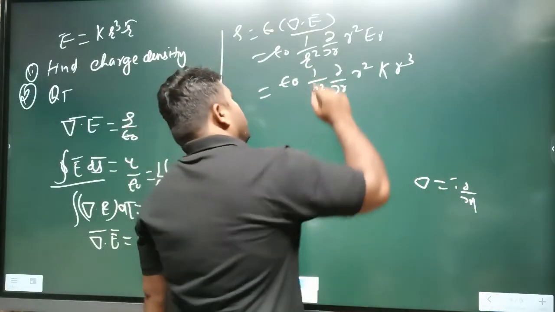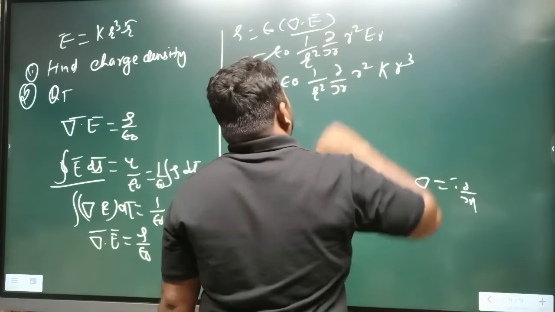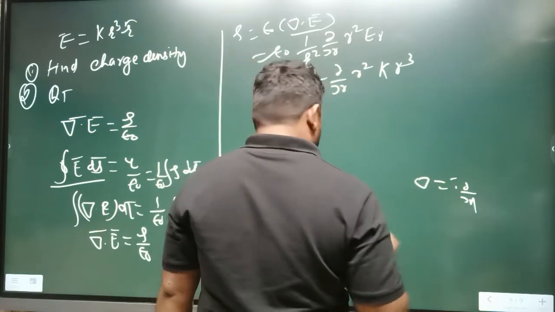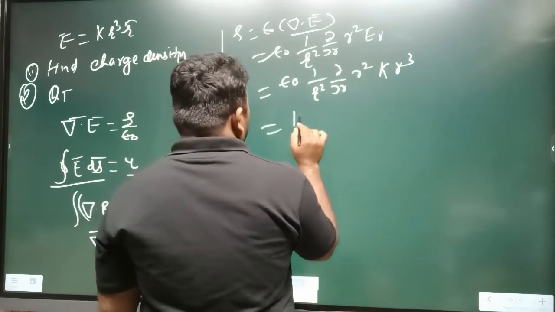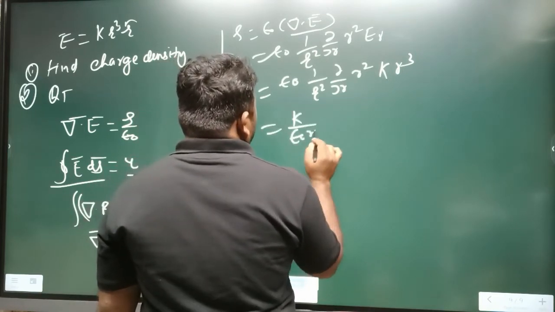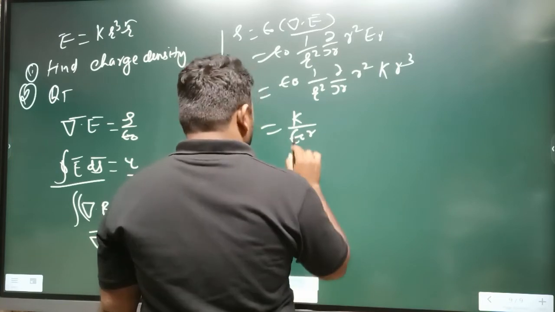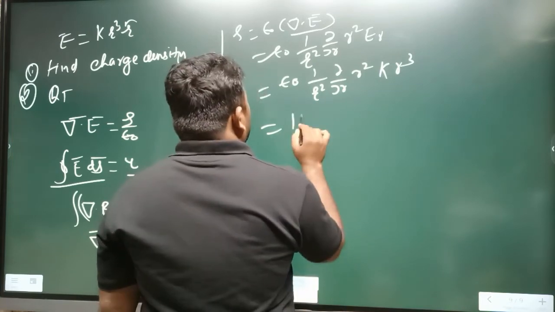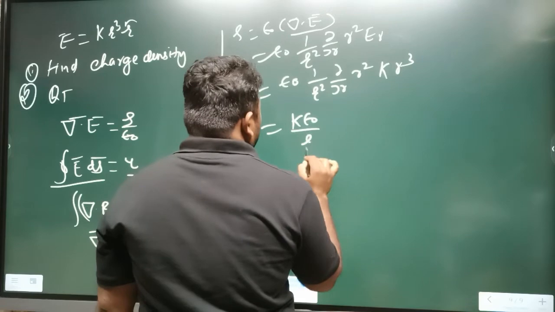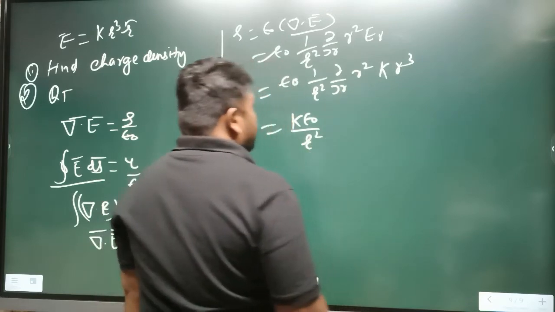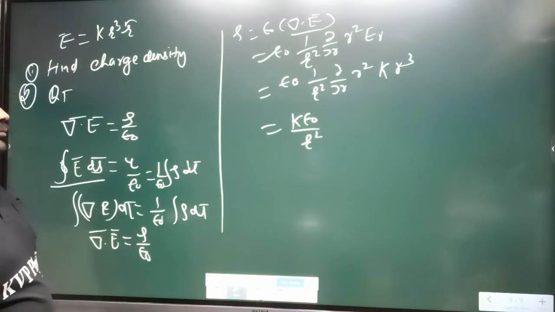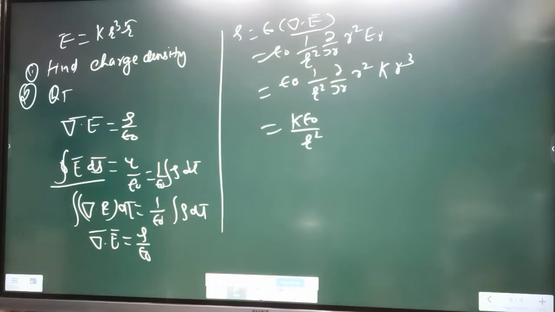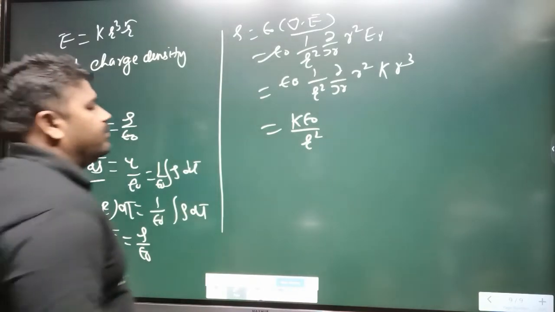What is the divergence formula? 1 upon r square dab upon dab r of r square Er. What is the Er value? Er is equal to k r cube. Taking k epsilon naught common, 1 upon r square, r to the power 2 times r to the power 3 is r to the power 5.